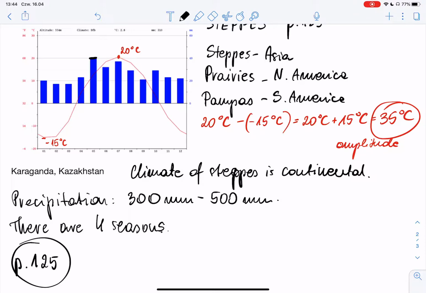Now the characteristic inhabitants are small mammals that live in holes in the ground because basically steppes are just vast plains. There is nowhere to hide, there are no trees, there are no layers of forests to hide, so they have to dig a hole into the ground, and this creates their shelter. Characteristic inhabitants are gophers, susły, and hamsters, chomiki, because they originate from those areas.